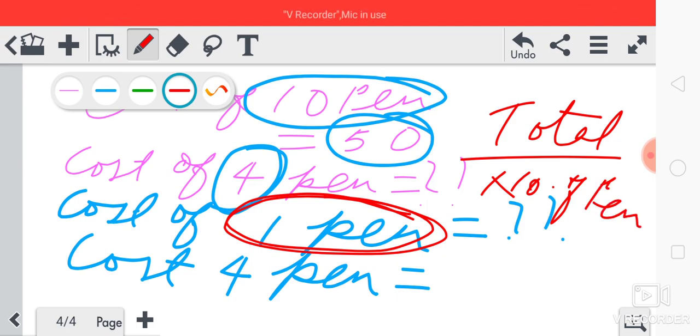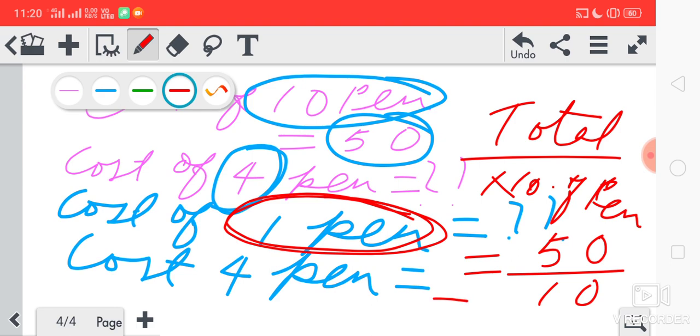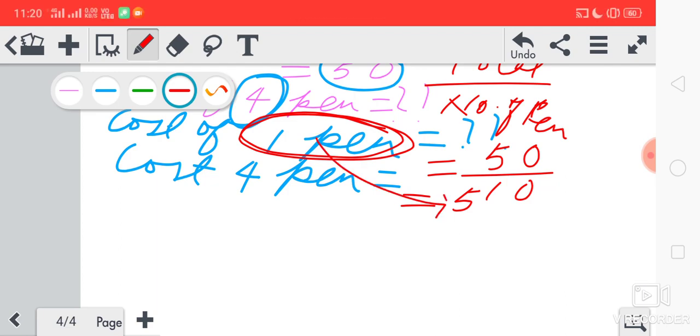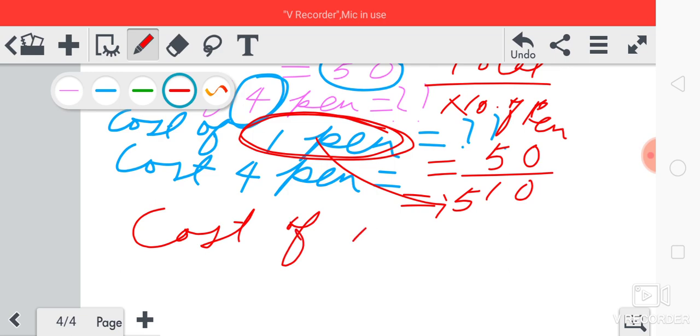Here pen is given, so total number of pens. Total cost is 50 rupees, and total pens is 10. So 50 divided by 10, we get 5. So cost of 1 pen we have got is 5 rupees.